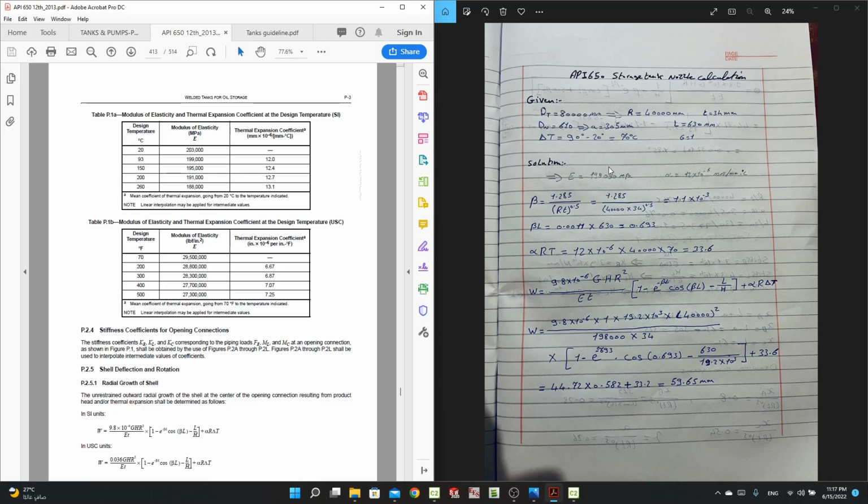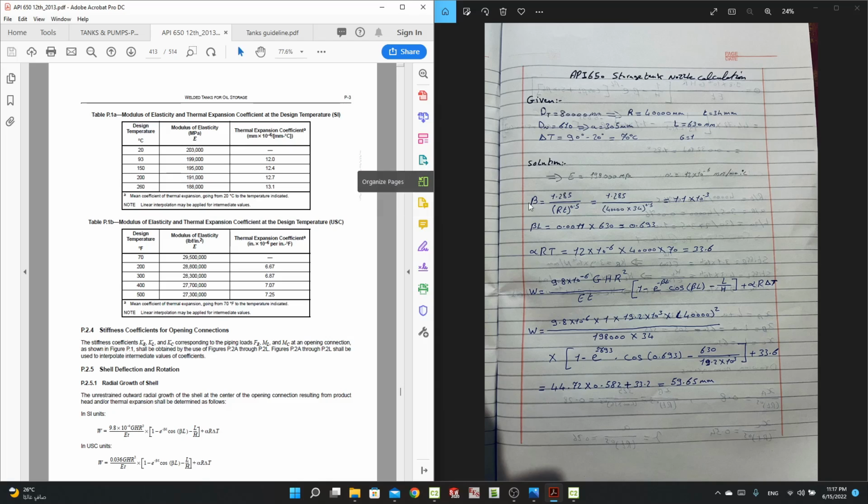We have 60 and 90 degrees, and our working temperature is 70 degrees. If we make an interpolation, we will find that our elasticity modulus will be 198,000 megapascal, and our thermal expansion coefficient would be 12 times 10 to the power negative 6.